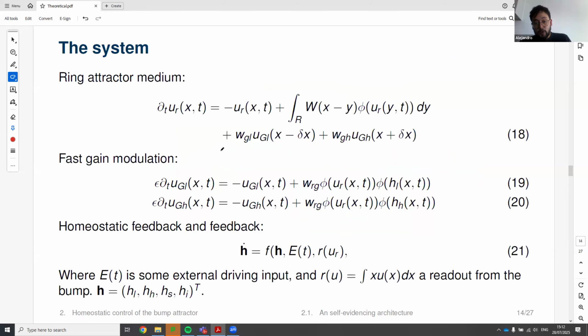Something you can do here, because you have these very close connections in the continuous model, is to expand this. You can divide the network into two time scales because the gain modulation neurons in the spike version are supposed to be really fast.